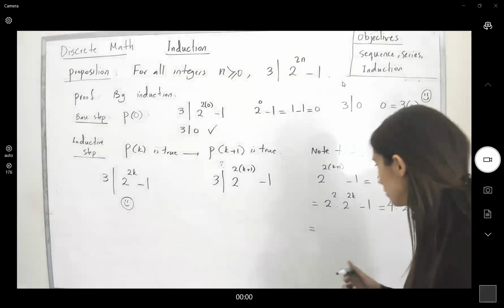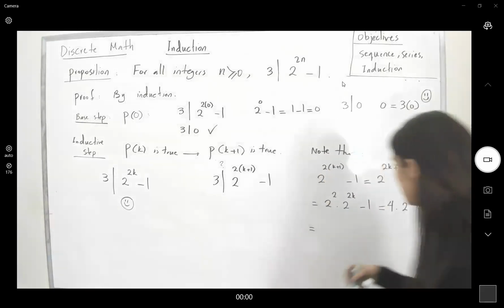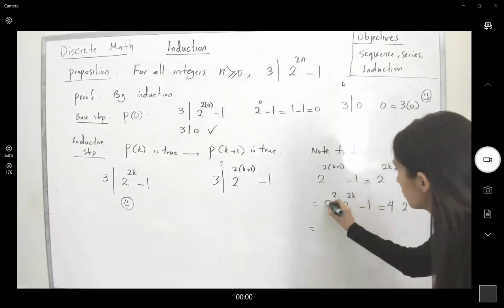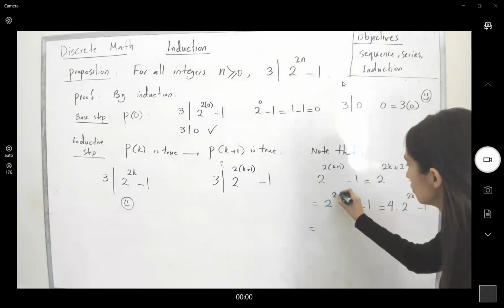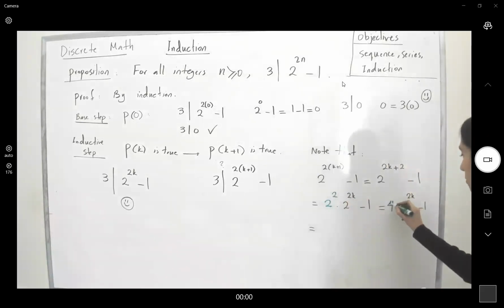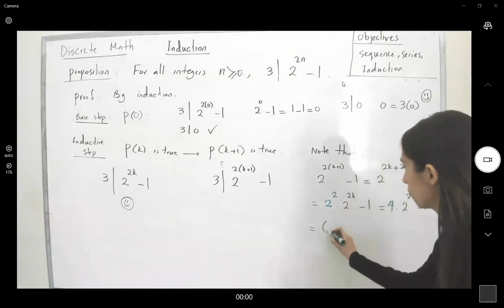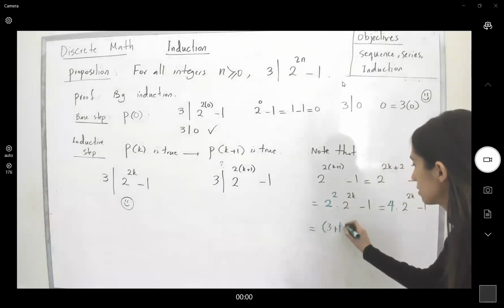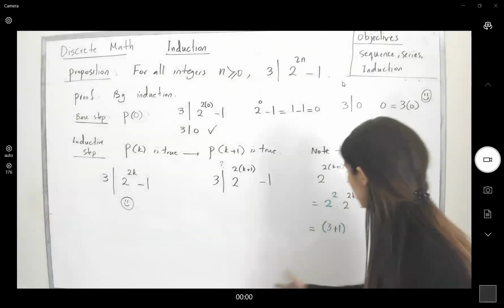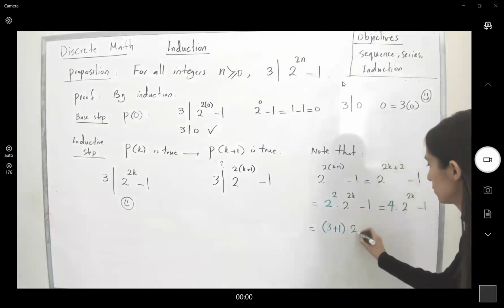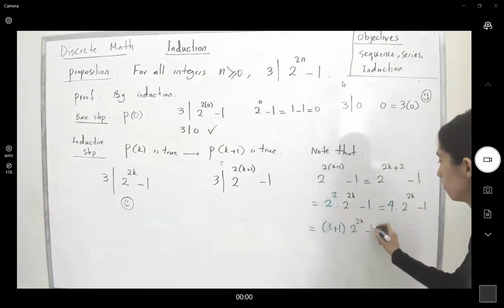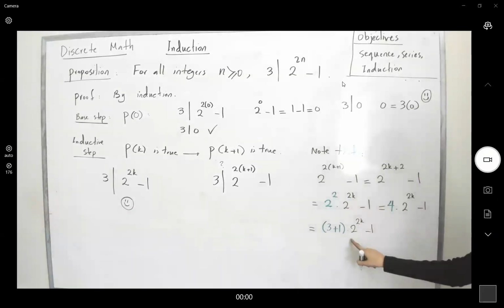Here I'm going to write it with a different color so you know what we did. Now I'm going to write 4 as 3 plus 1, times 2 to the 2k, minus 1. I'm going to distribute 2 to the 2k into the parentheses.